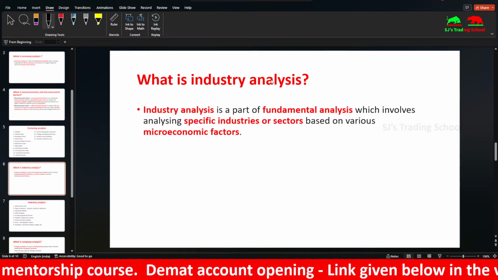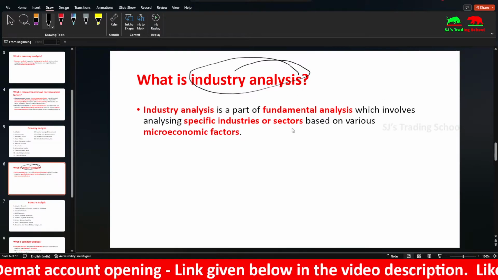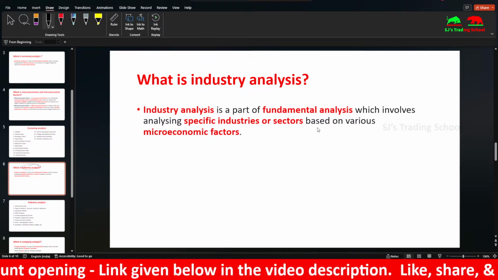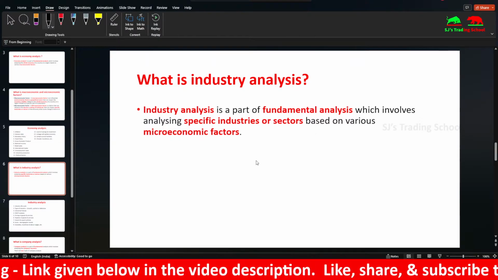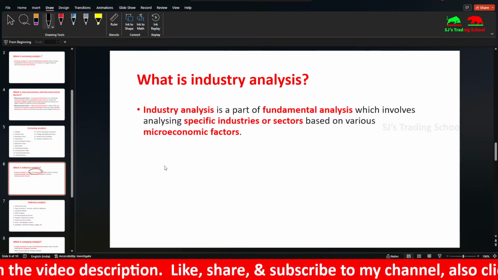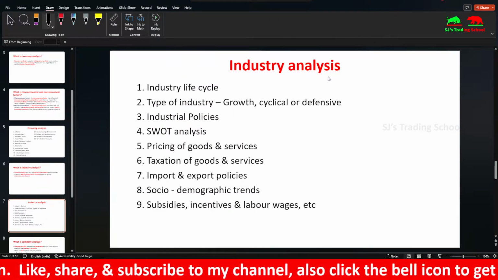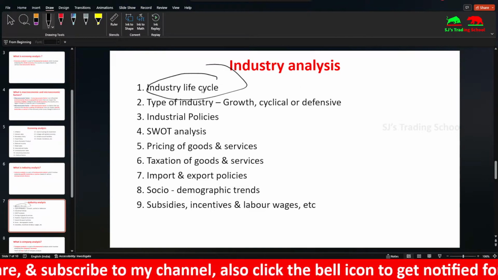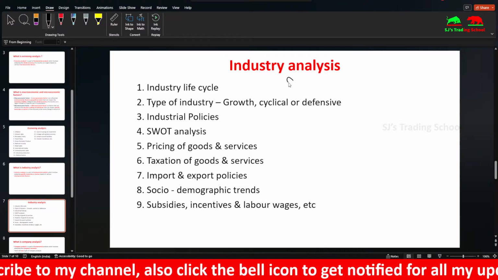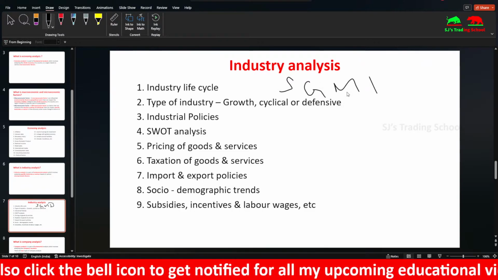So next comes the industrial analysis. It is a part of fundamental analysis which involves analyzing specific industries or sectors based upon various microeconomic factors. These microeconomic factors majorly affect specific industries. Such as, you can see the industry life cycle. For example, you can see startup, growth, maturity, and decline phase. So this is known as the industry life cycle.